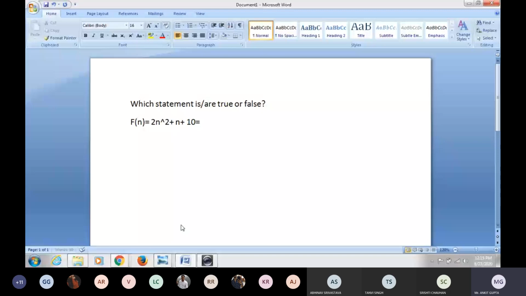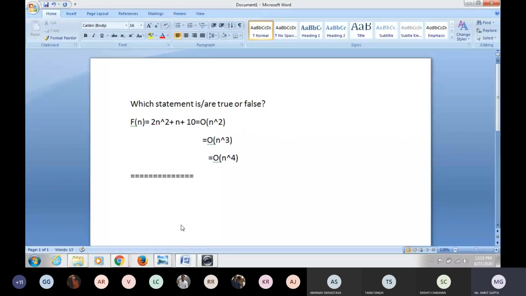Statement 1: order of n square. Can you see that, is it visible? Then n cube, then order of n4.